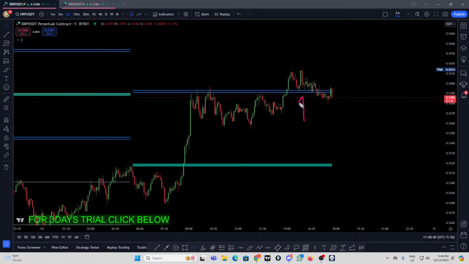Before taking any trade, you have to check the market area, where it started from. Look here, the market has started from here till here, correct? The market already gave us a very good move, so we need a proper retracement to join the trade.